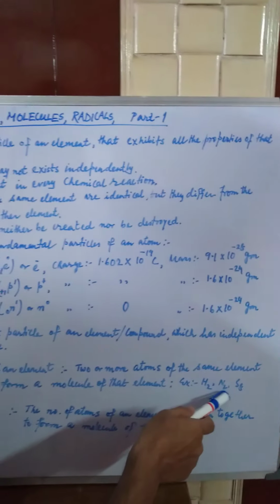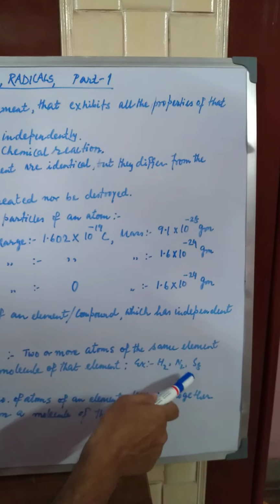N2 means two atoms of nitrogen combine to form one molecule of nitrogen. S8, where S is the symbol of sulfur, means 8 atoms of sulfur combine to form one molecule of sulfur.